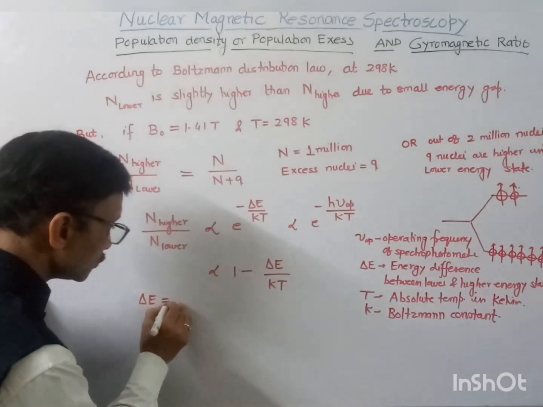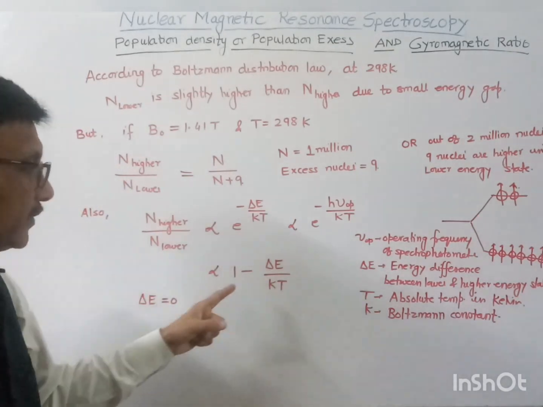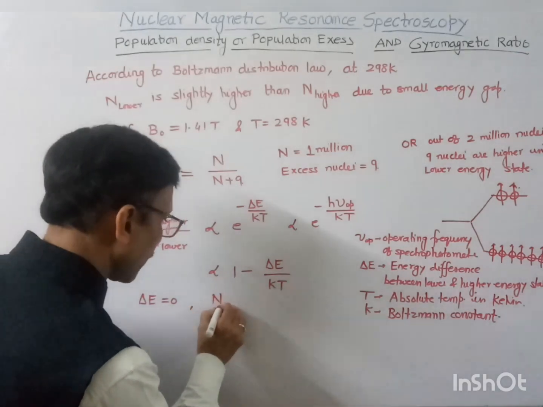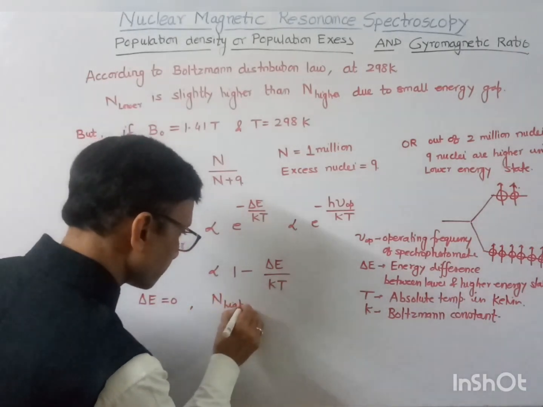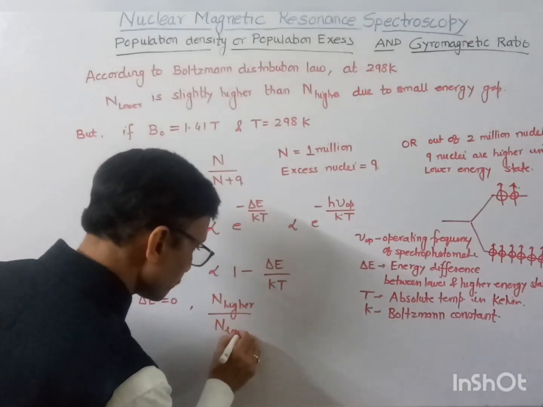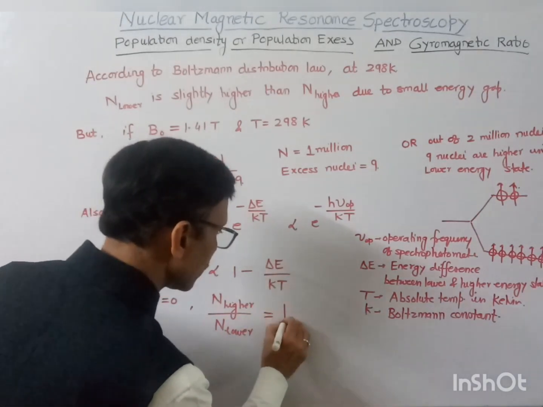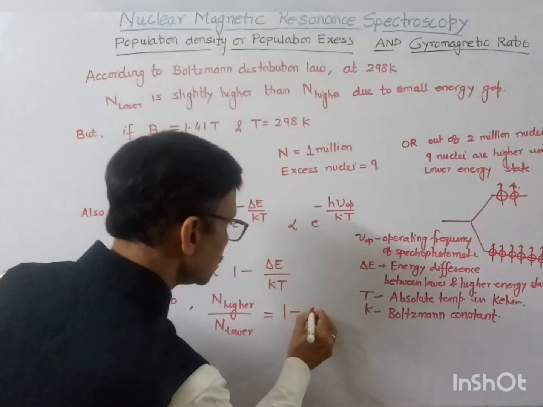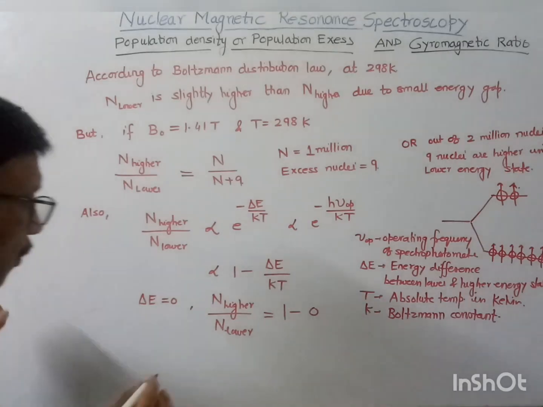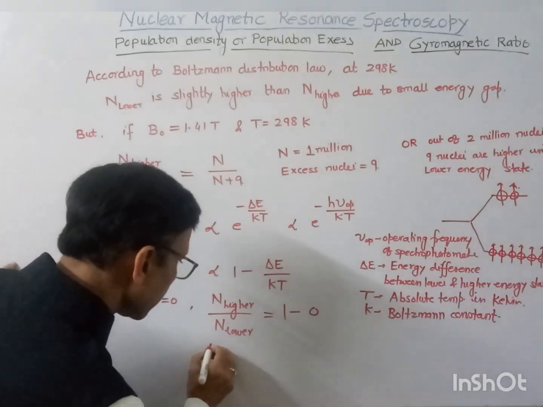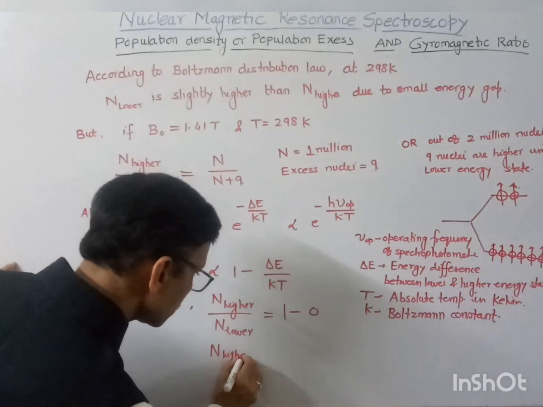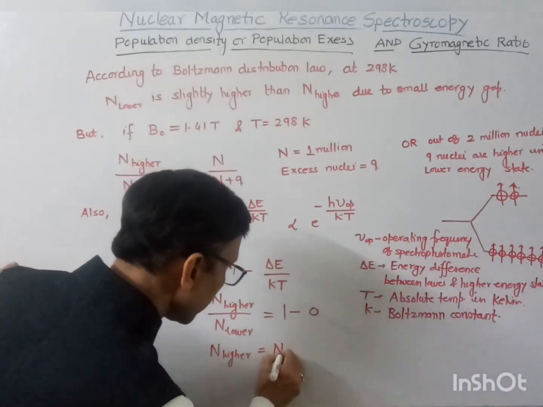is equal to 0. If delta E is equal to 0, then N higher upon N lower is equal to 1 minus 0, which is equal to 1. Or we can say that N higher is equal to N lower.